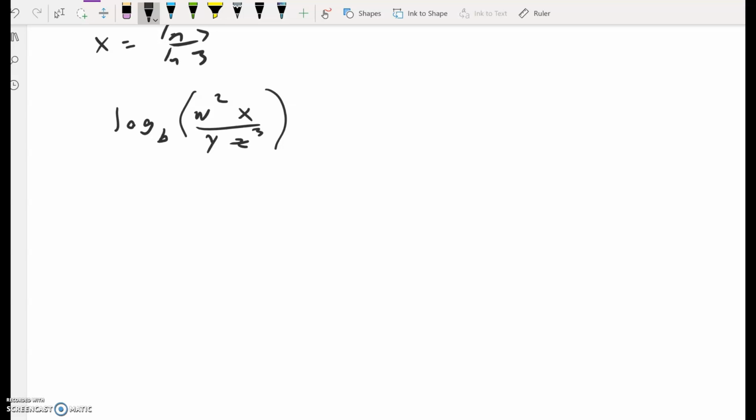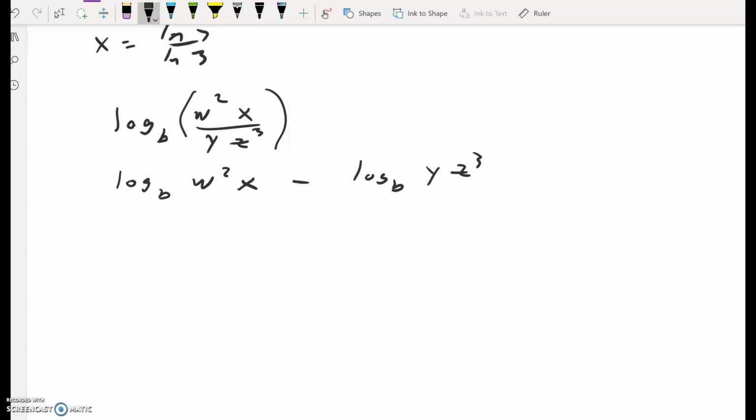We know that this could be written as the logarithm base b of the top minus the logarithm base b of the denominator. That was one of our properties.